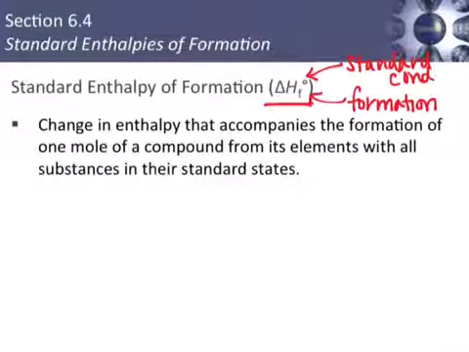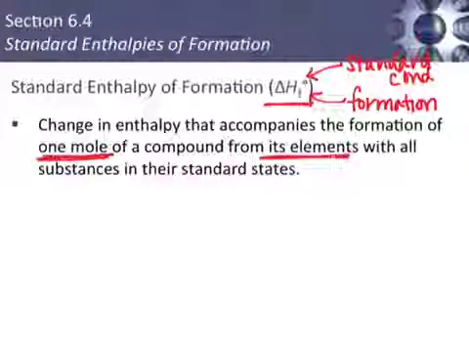So standard enthalpy of formation is the change in enthalpy that accompanies the formation of 1 mole of a compound from its free elements. So every element that makes up that compound, to make 1 mole of that compound is the delta H, the standard enthalpy, when it's in the standard state.